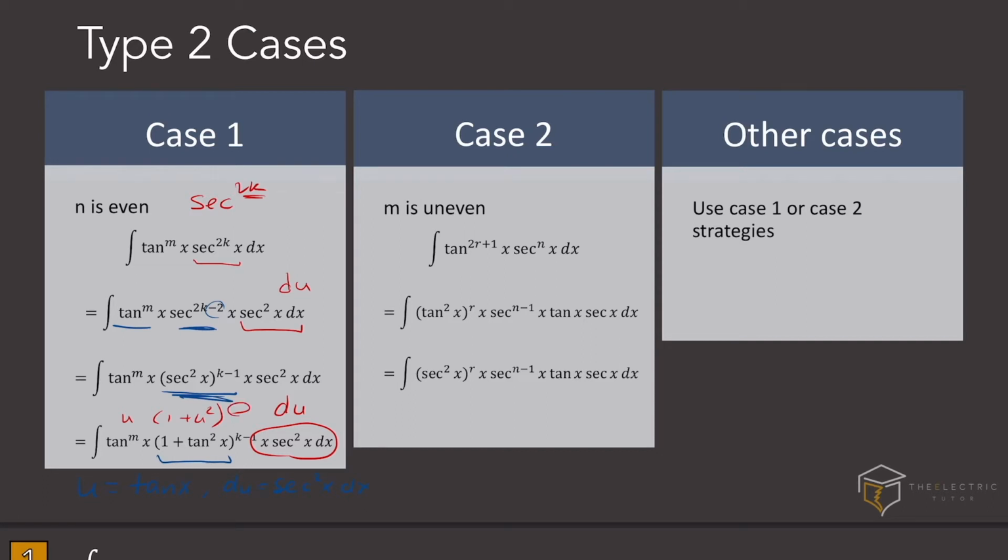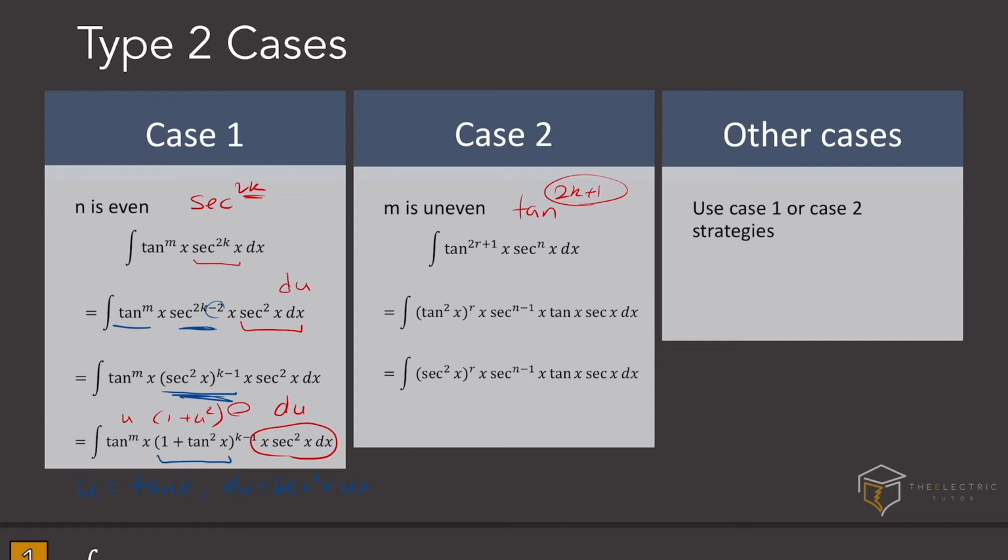Case 2. Case 2 is focusing on tangent, and tangent is being raised to an odd power. What do we do whenever our tangent has an odd power? We play with the secant. That's interesting, right?